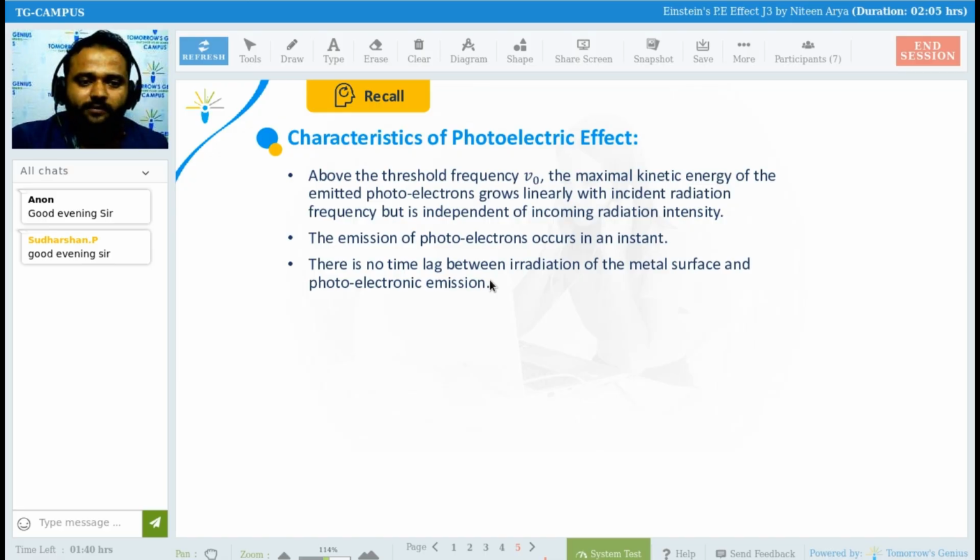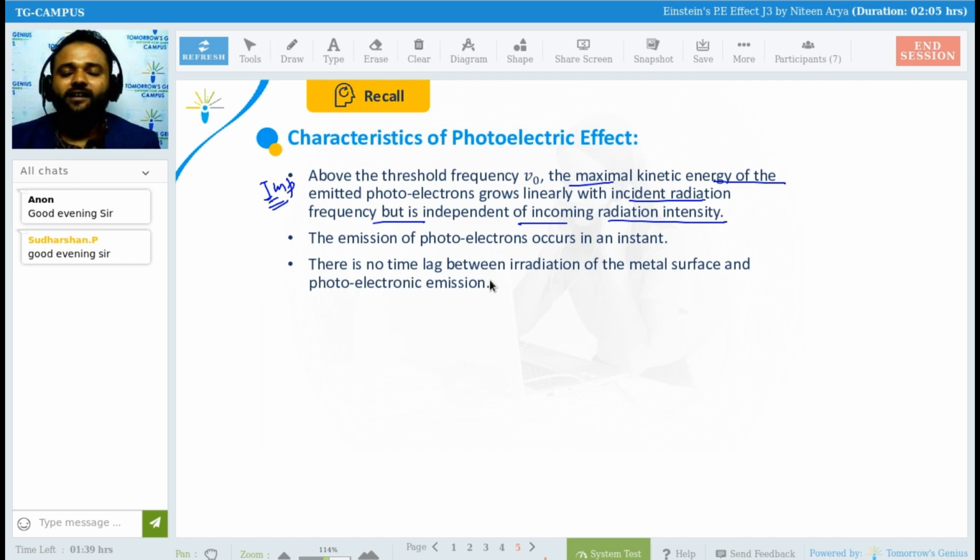So let's move ahead. Above the threshold frequency, we already did this, but it is important, so let's revise. Above the threshold frequency, the maximal kinetic energy of the emitted photoelectrons grows linearly with incident radiation frequency, but it is independent of incoming radiation intensity.